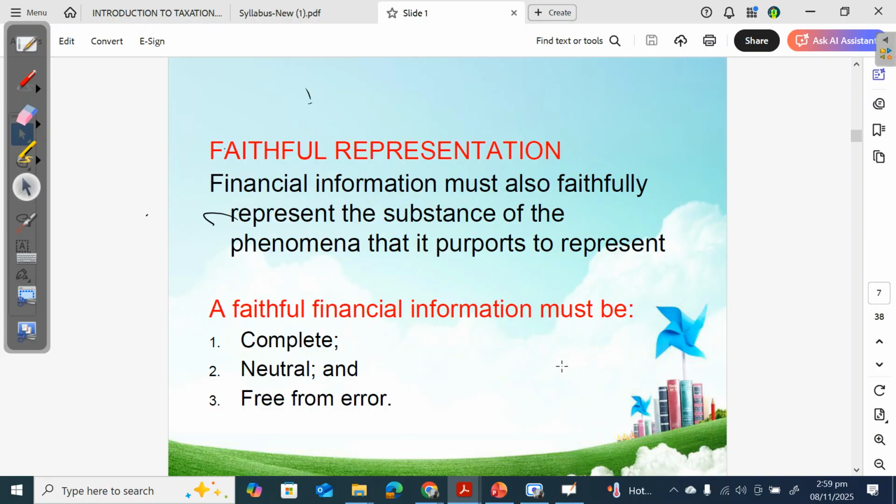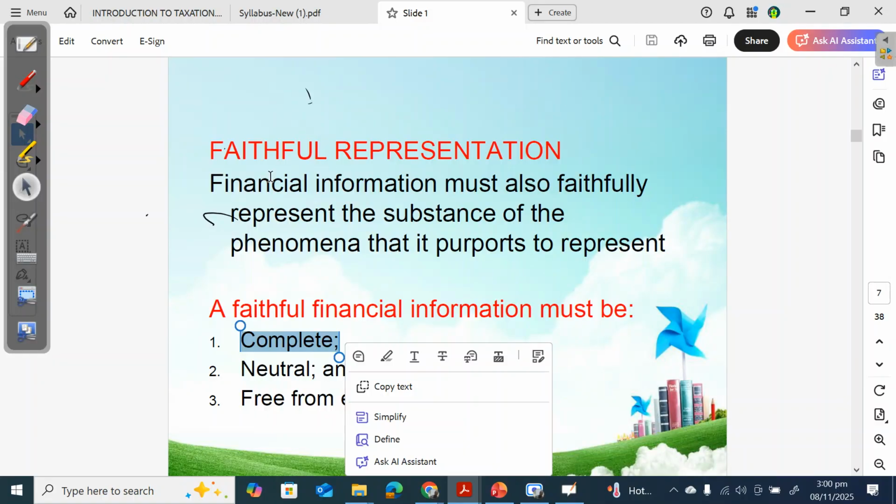Okay. So when we look at faithful representation, we mean that the report should not contain lies. So what are the errors that we were trying to avoid? One, we want to make sure the report is complete. So a faithful representation means the report is complete. So let's say you have recorded all your expenses.